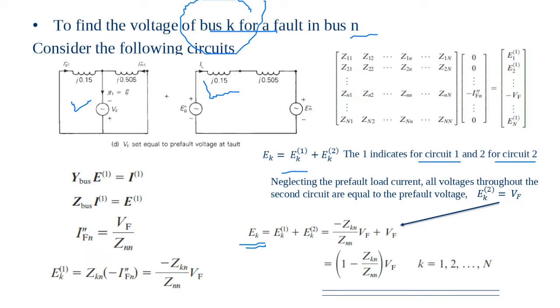This is before the fault. This we set equal to the pre-fault voltage. So this is at the fault and this is at pre-fault, so we add them. That's why we put positive here. So what we do here, the voltage at bus number K is simply EK1, which is circuit 1, this part here.